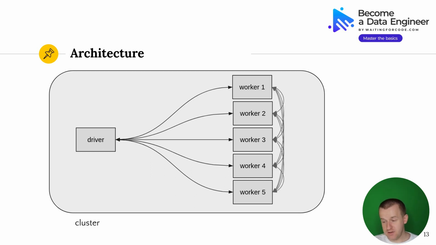In addition, there is also communication between the workers, because if you want to exchange some data that was once sent by the driver, it may be more efficient to exchange it from worker 1 to worker 2, and later you already have two workers that have this data, and other workers can fetch it directly from them instead of overloading the driver communication.